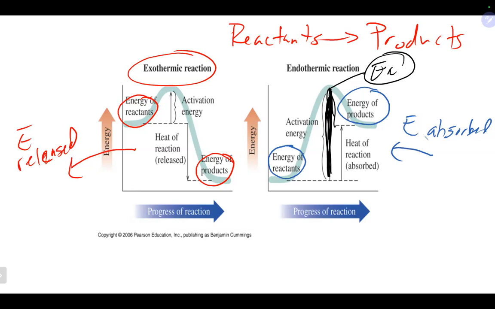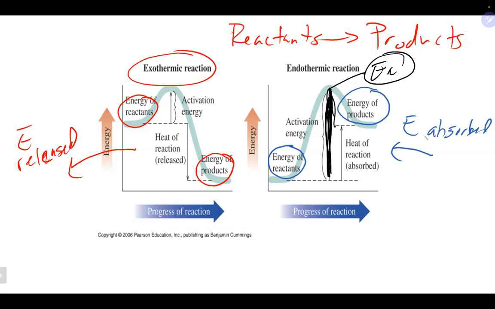You can often speed up a reaction by heating it up. When I heat it up, what am I doing? When you heat something up, you're adding energy, right? So if you heat up a reaction and you're adding extra energy, there's going to be a greater number of reactant molecules that now have enough energy to overcome that hill and get to the other side. The result is you would see a much faster reaction.